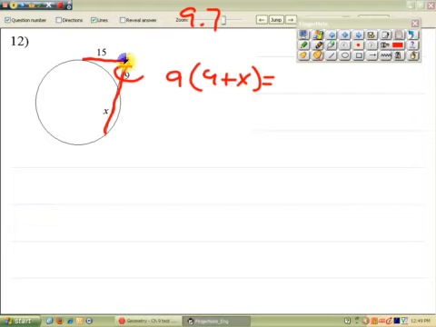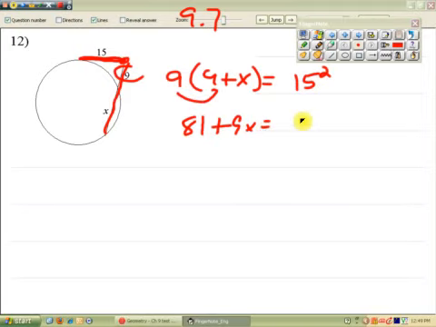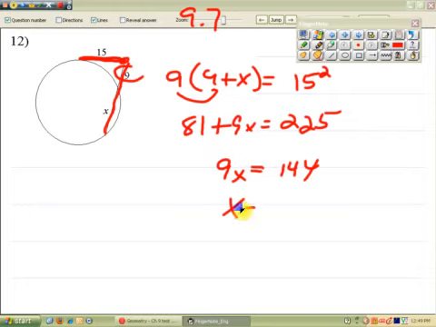And when you have a secant and a tangent, then what you want to do is take the tangent line and just square it. So this is 81 plus 9x equals 15 squared, which is 225. You want to subtract 81. You're going to get 9x equals 144, and then when you divide by 9 you get x equals 16.